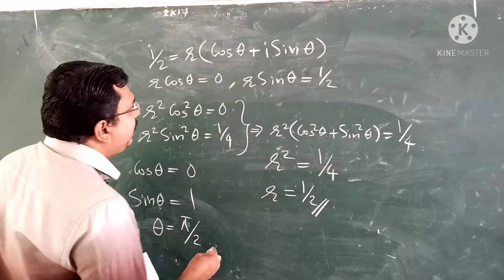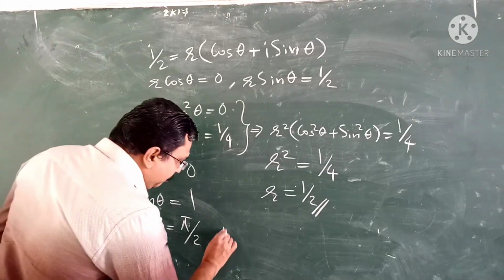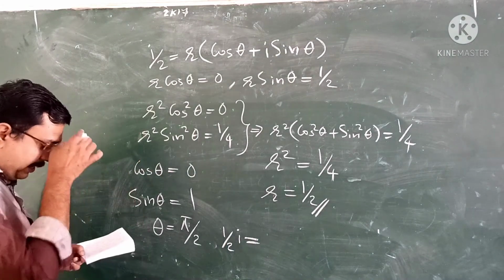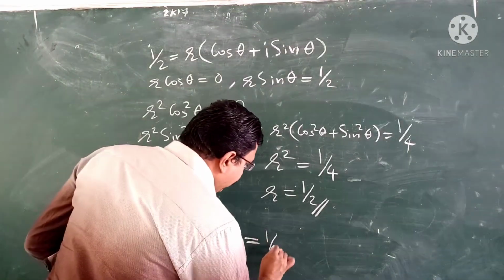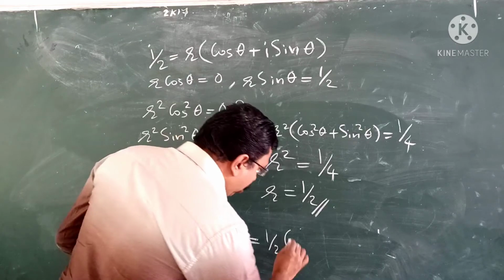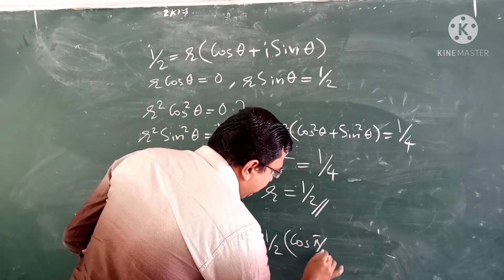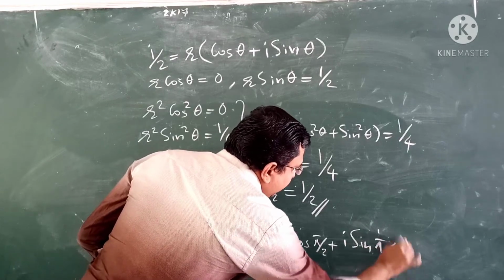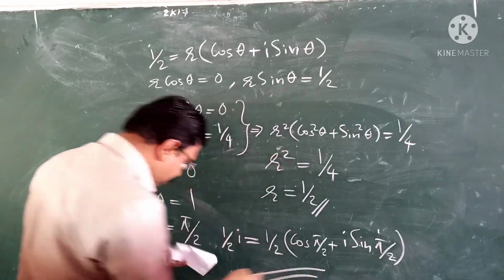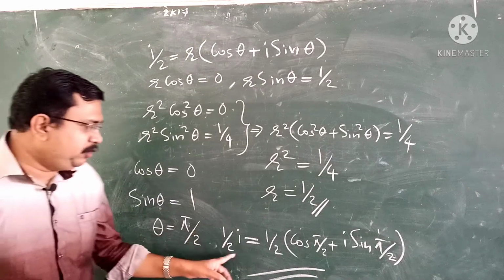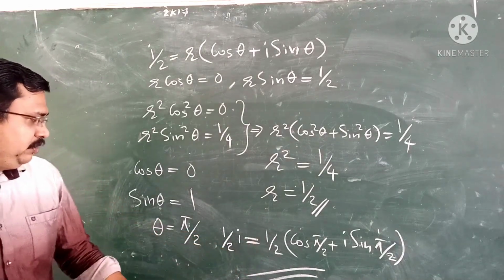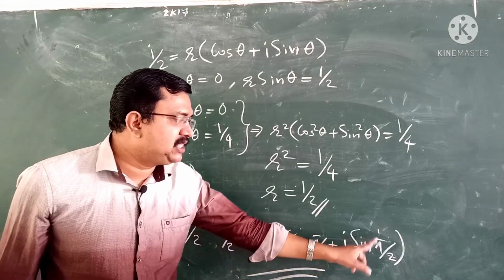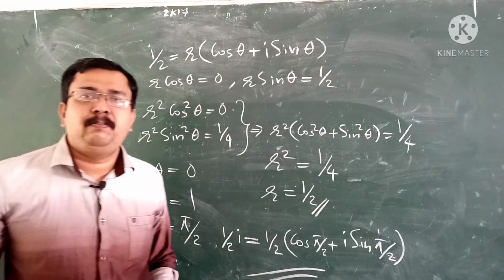Therefore, we can write 1 by 2 i equal to r cos theta plus i sin theta, that is 1 by 2 into cos pi by 2 plus i sin pi by 2. This is our polar form.